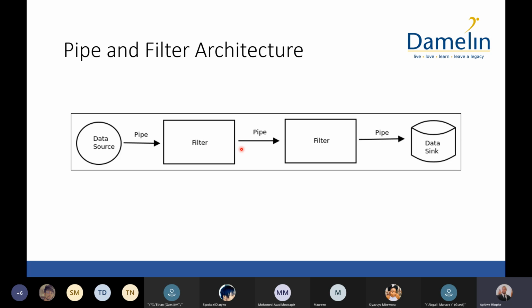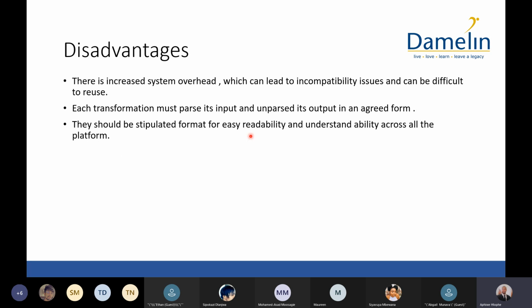So you need that to strike a balance between your components, make sure they're compatible in terms of the amount of resources they need for processing. Each transformation must pass its input and output in an agreed form. So your components need to be communicating or structuring the output in the same format that the next component is expecting the input in.